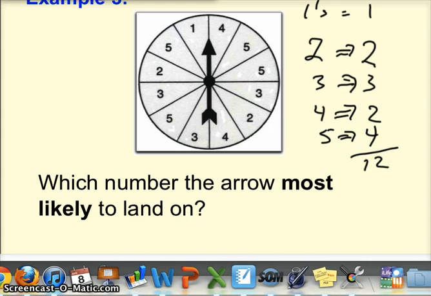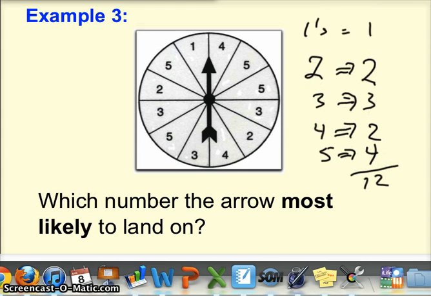I could have also rephrased this question to ask which numbers have an equally likely chance of being landed on. And in that case, we would say 2 and 4, because there are two spaces that have the number 2 and two spaces that have the number 4.